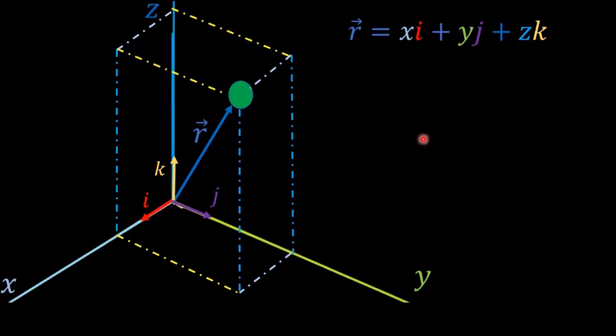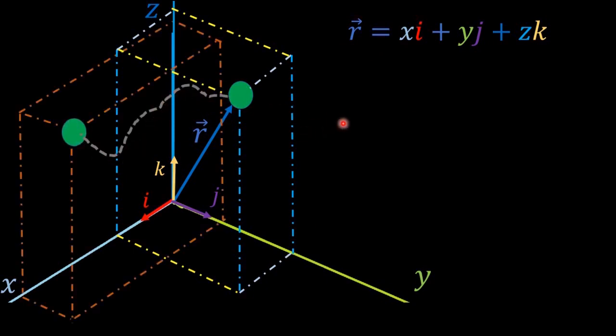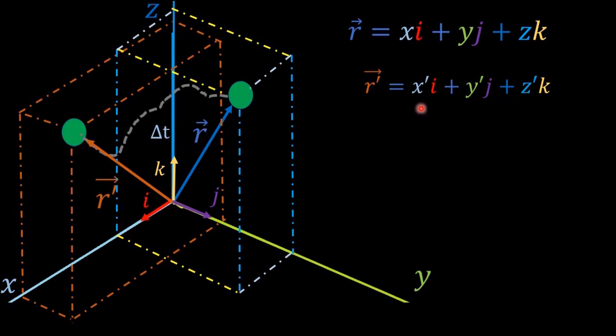So let's say that the particle moves from this position to a new position there, and it's followed this path to get to that new position, and it's done that in a time delta t, and we say its new position is going to be r prime, and we can write r prime like this.